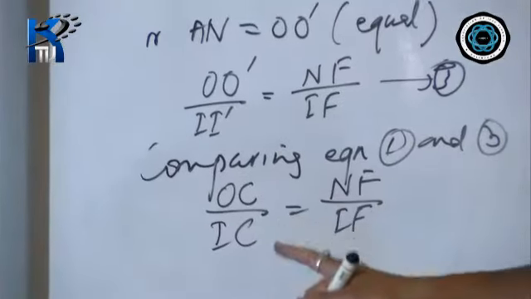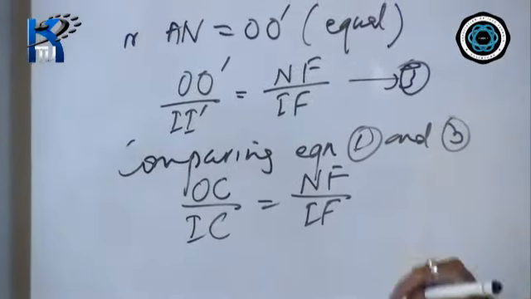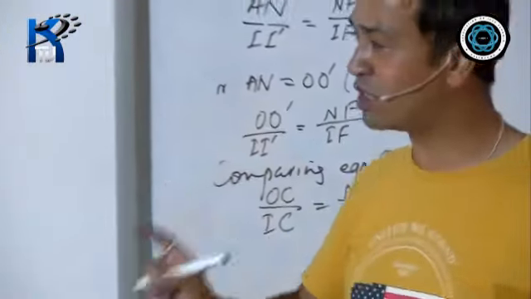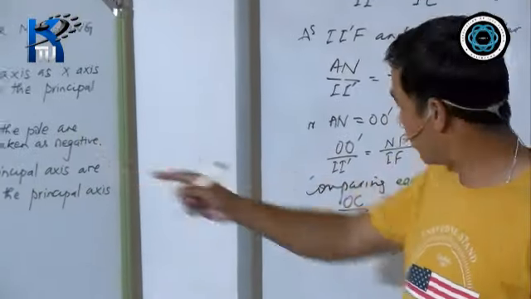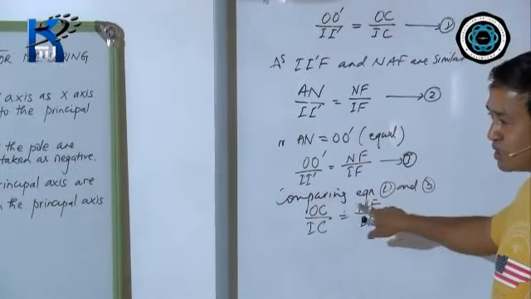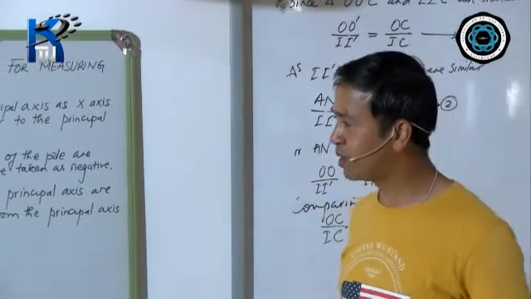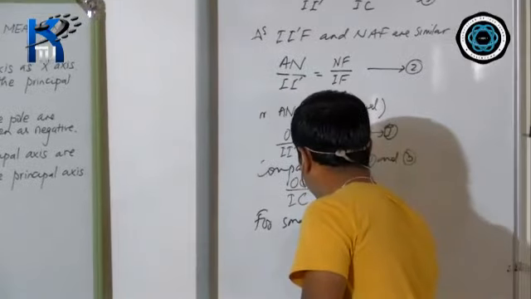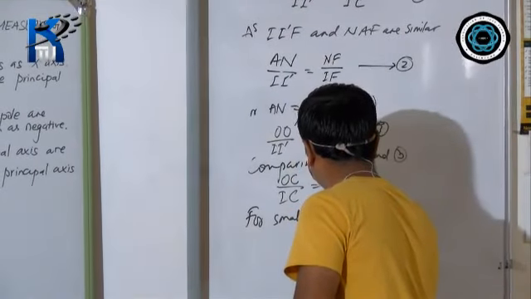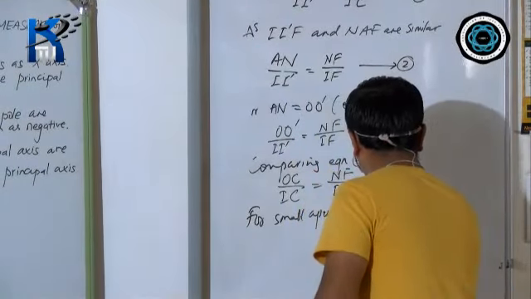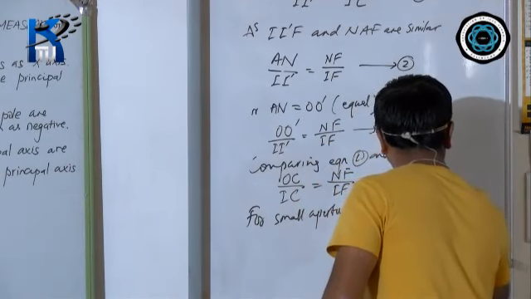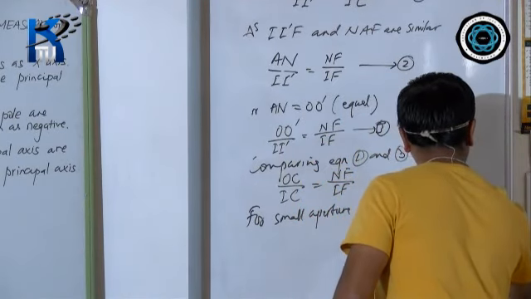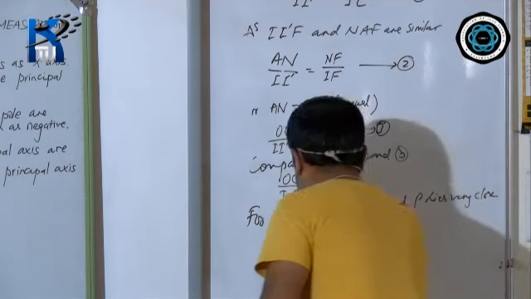Now, the next important part to see here is that distance is measured from the pole, but here NF is the distance measured from N to F. That distance is not as per the sign convention, as we need to measure distance from the pole. So for small aperture, N and P lie very close.